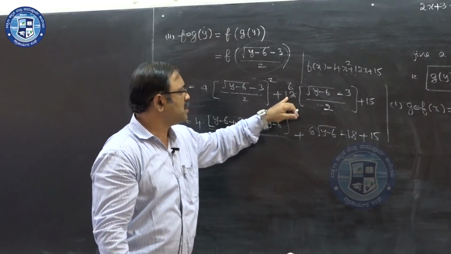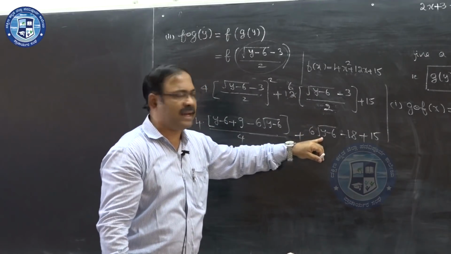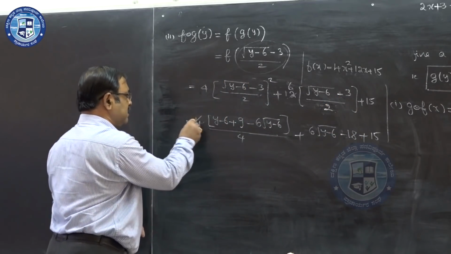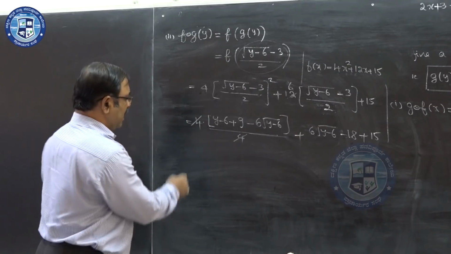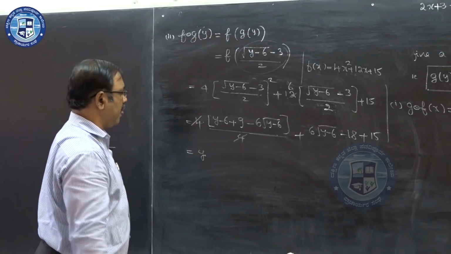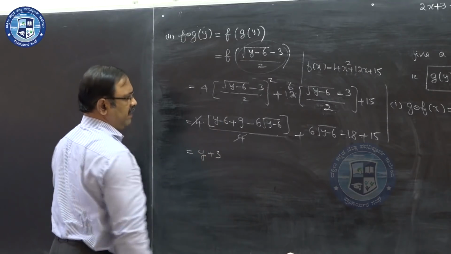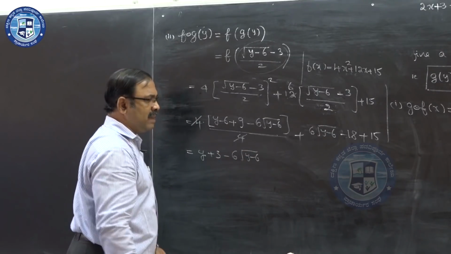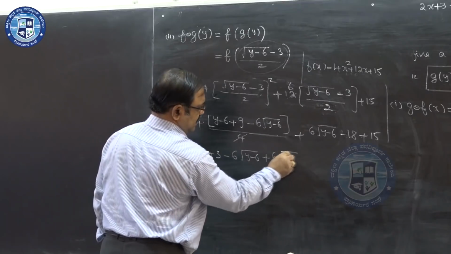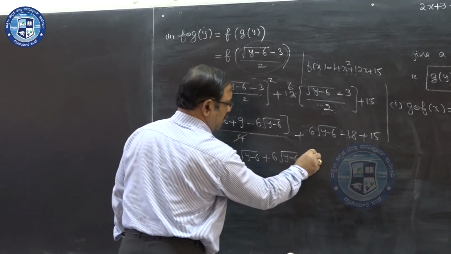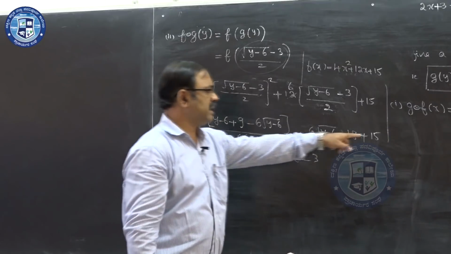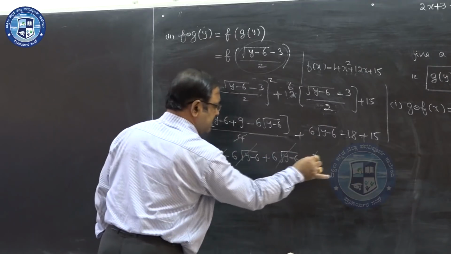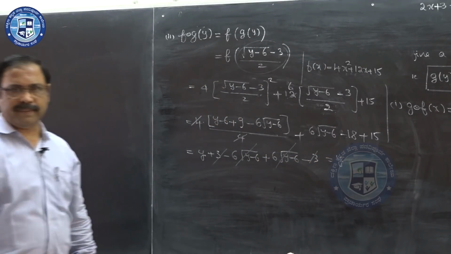Then 2 into 6, so 6 into root y minus 6, 6 into 3 minus 18 plus 15. This 4 cancels. Now we write y minus 6 plus 9 minus 6, 3. Then this is minus 6 into root y minus 6 plus 6 into root y minus 6, minus 3. Here minus 18 plus 15. Now cancel this, that is equal to y.